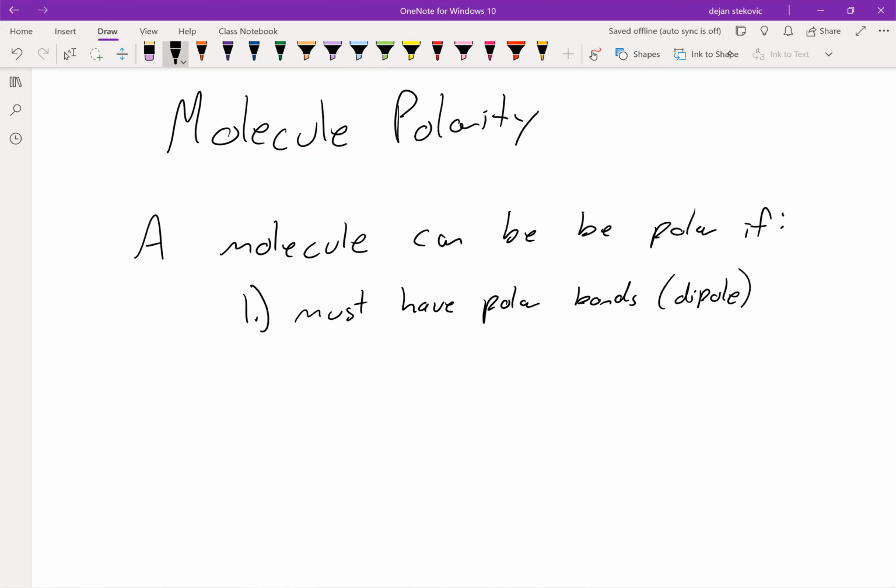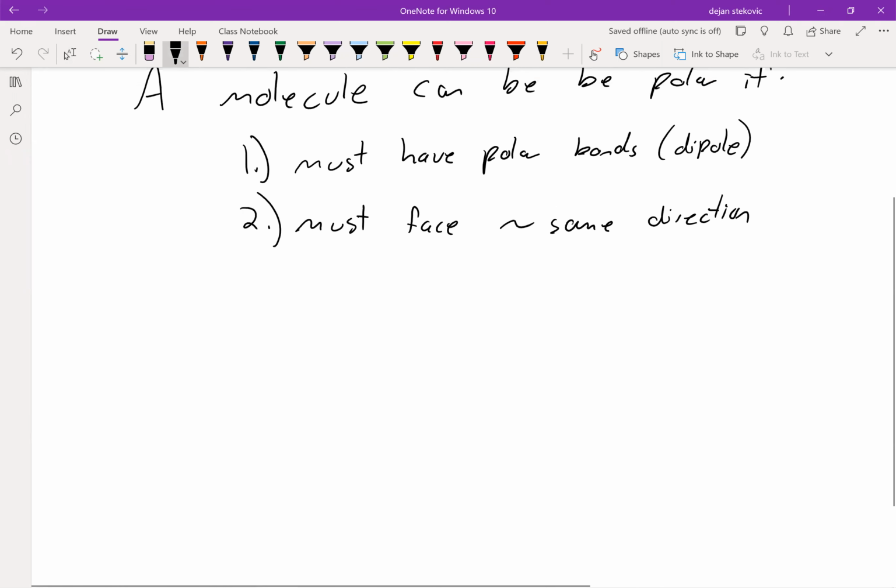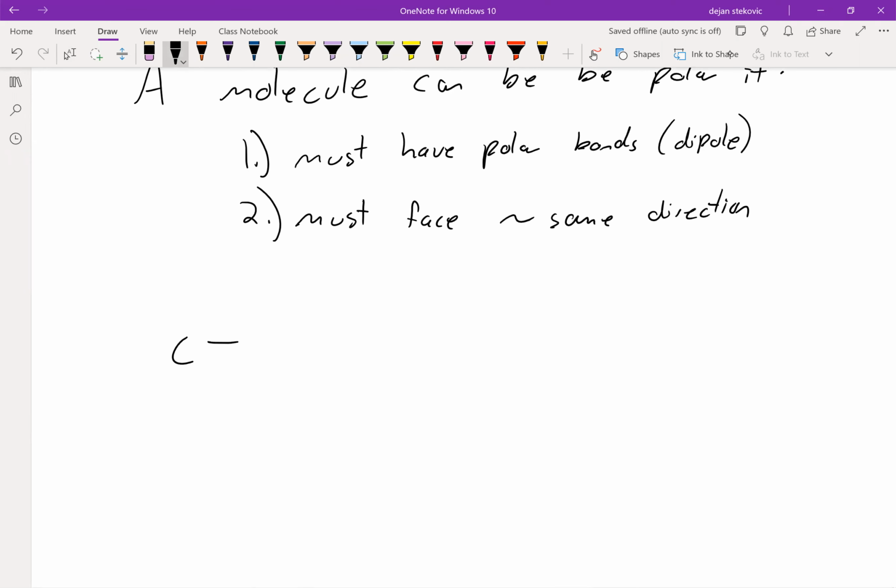Our little arrowhead with a positive and negative end on it. And two is that these dipoles must face in approximately the same direction. So a molecule is only polar if it has polar bonds and those polar bonds are facing in the same direction. Let's take a look at what we mean by that.